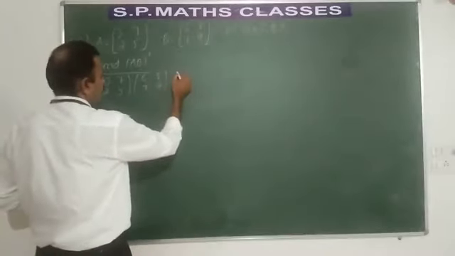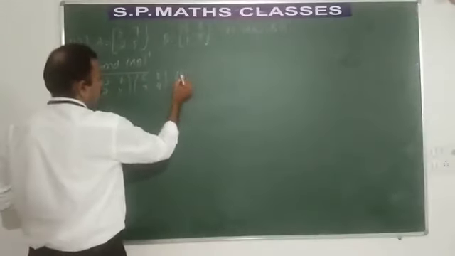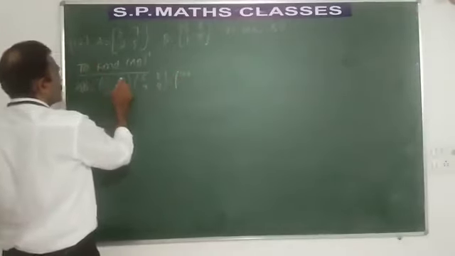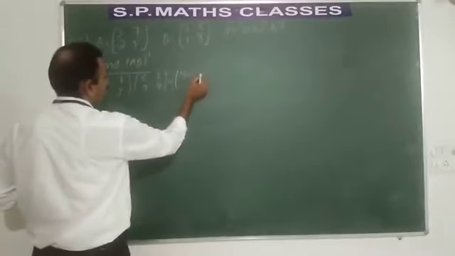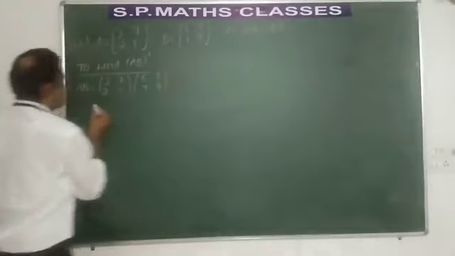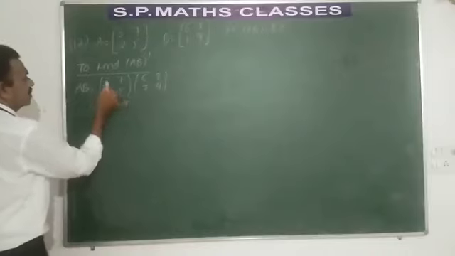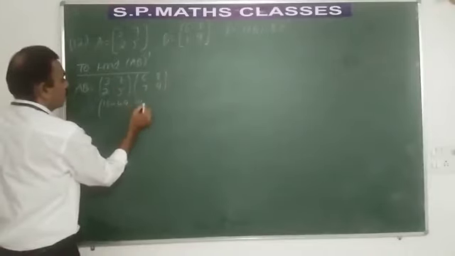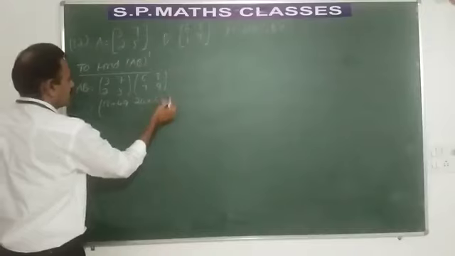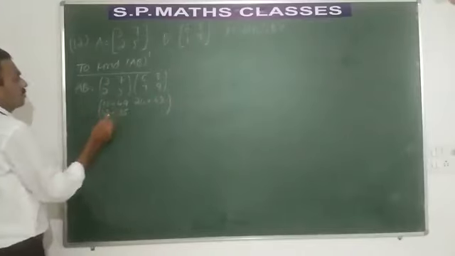When you take the product AB, 3 6s are 18 plus 7 7s are 49. 8 3s are 24, 7 9s are 63, 2 6s are 12 plus 35.